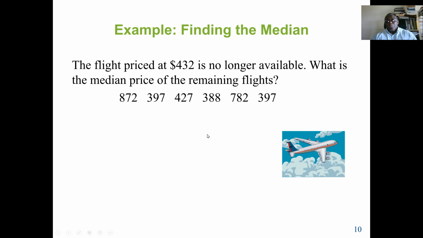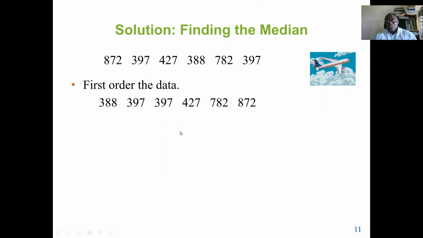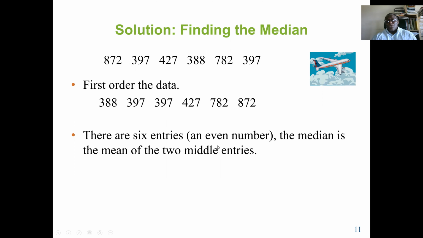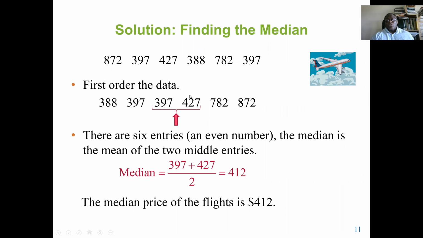So we again sort it, but this time we have two middle values. We take the two middle values, then we find the average of them. So our median will be 397 plus 427 divided by 2, which gives me 412.